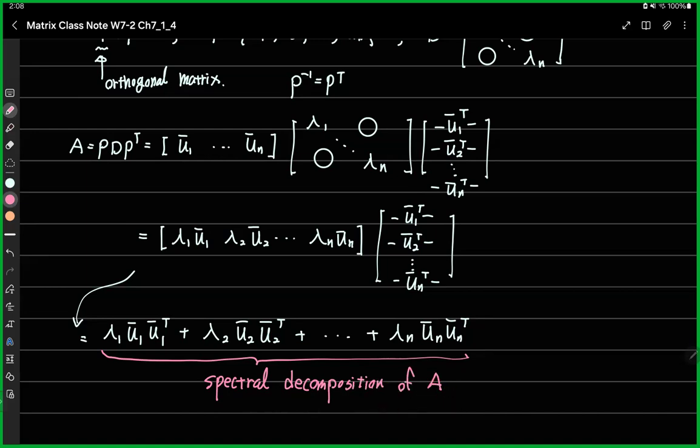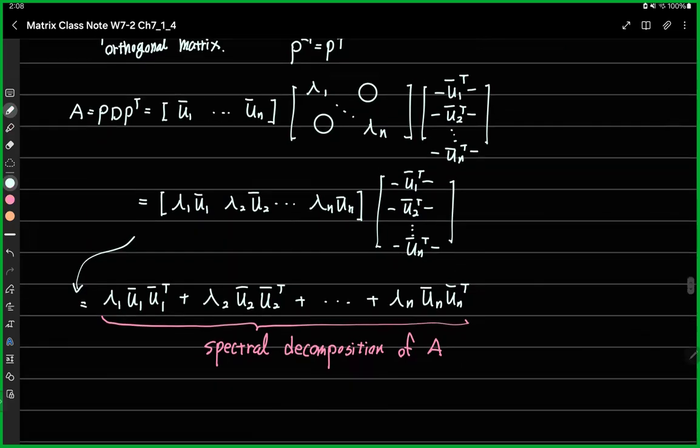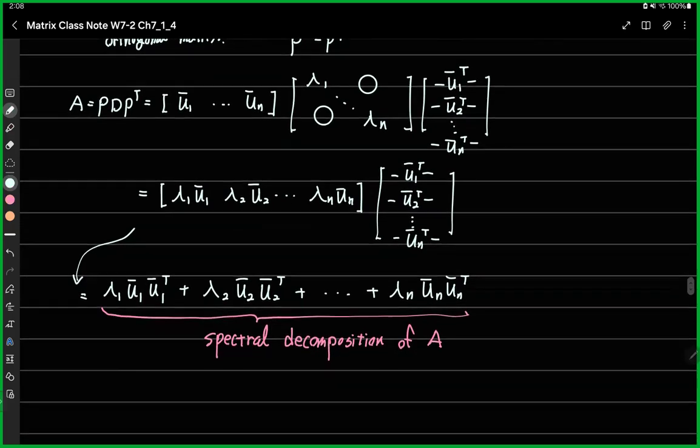Because matrix A is decomposed, I mean broken up, into multiple pieces determined by lambda 1 through lambda n. You see that? A has been decomposed as a linear combination with weights lambda, which are the eigenvalues.